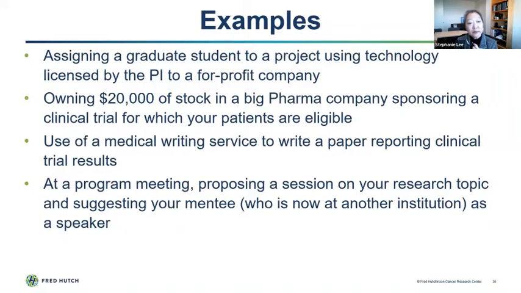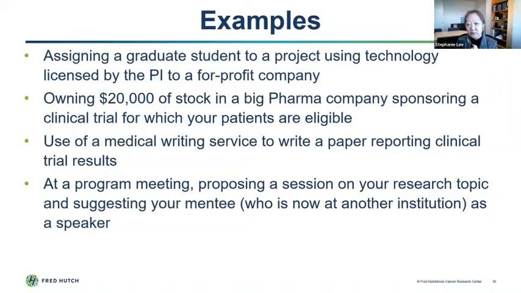What about owning $20,000 of stock in a big pharma company that is sponsoring a clinical trial for which your patients are eligible? Well, actually owning $20,000 of stock, so this is not in a mutual fund, this is actual stock in a big pharma company, actually makes you ineligible to be the site PI of that study because the value of your stock could be influenced by the outcome of the clinical trial.